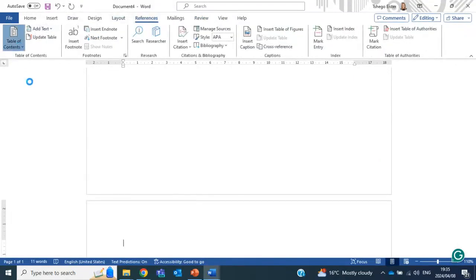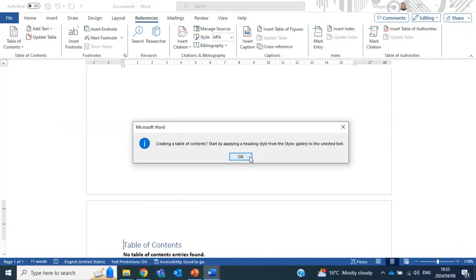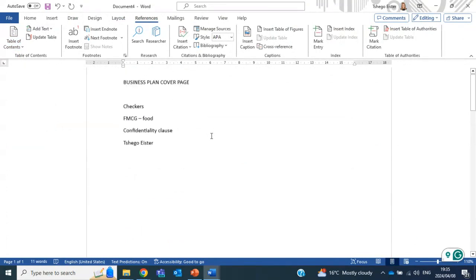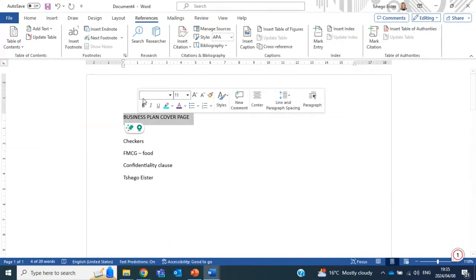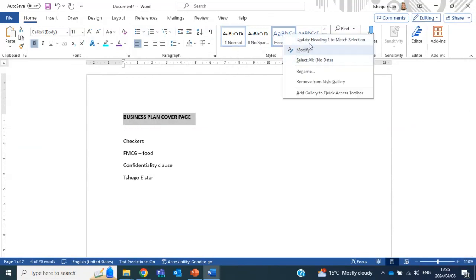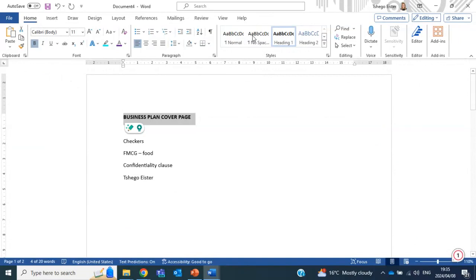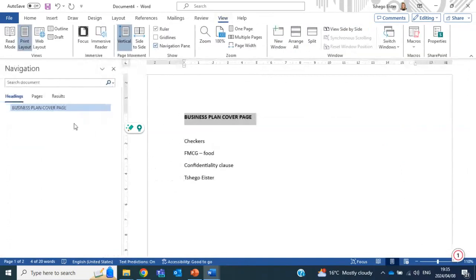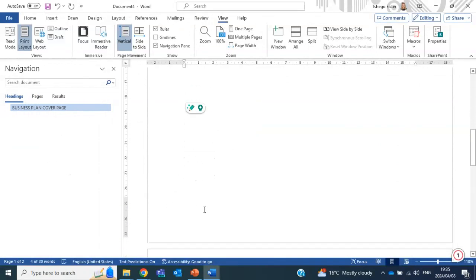It's references, yeah. Then we'll insert our table of contents. And maybe we can make this heading 1, bold, update heading 1. So if we say view navigation pane, you will see on your navigation pane that your titles are going to start to load.